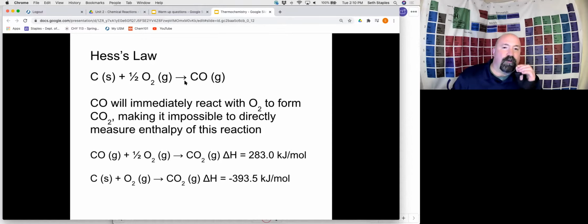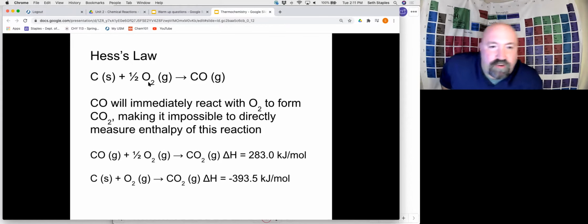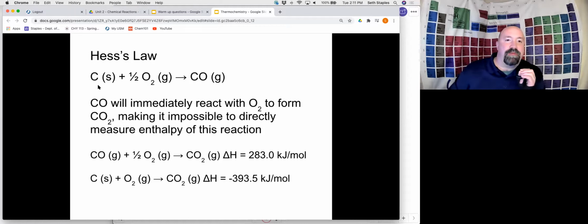If we want the thermochemical data of this reaction, though, we run into a problem, because the carbon monoxide that's present will immediately react with any O2 that's still around to form CO2. And so that makes it impossible to directly measure the enthalpy of this reaction.